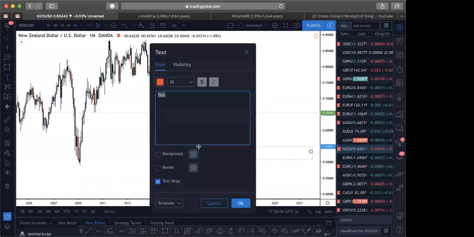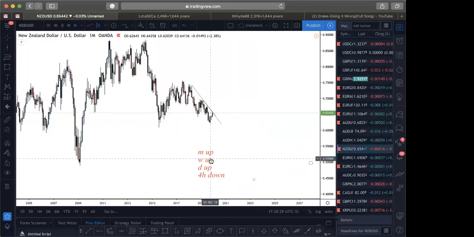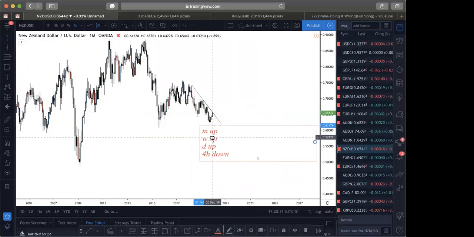Sometimes you might find a trade where, let's say, the monthly time frame is up, then the weekly time frame is up, right? And the daily time frame is up, meaning that these time frames are trending up. And then you find a 4-hour time frame that's trending down, right? Now you might think that you can place a trade, a short trade, a sell, and it's going to be high probability.